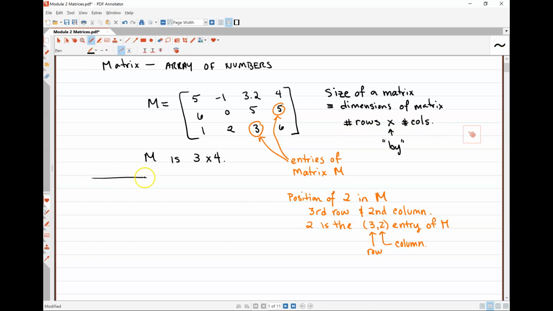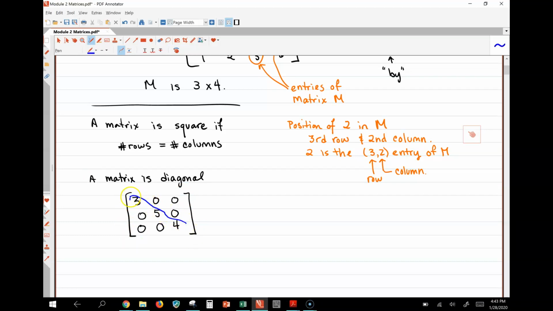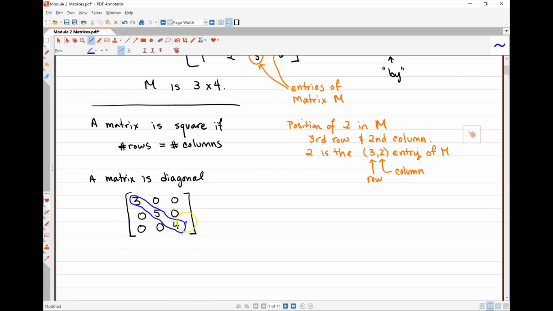A couple of special kinds of matrices. A matrix is called square if its number of rows is equal to the number of columns. And a matrix is called diagonal if all of the entries that are not on the diagonal are 0. This right here is the diagonal.